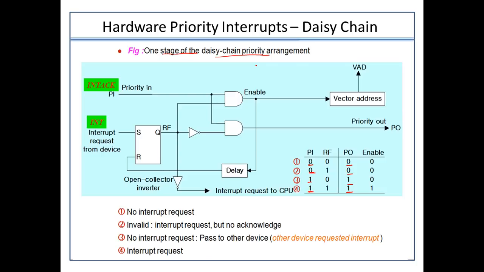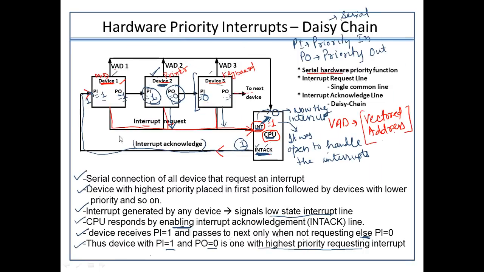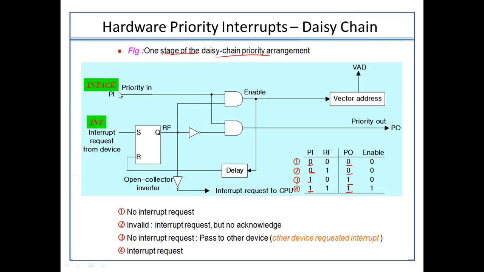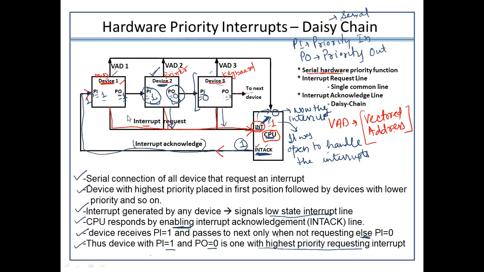This simply depicts one stage. It could be one stage of any particular device. As I said earlier, the stage could be any, with pi and po being 1 1, or 1 0, or 0 0, something like that. We will understand them.